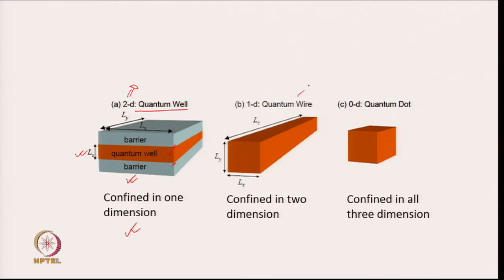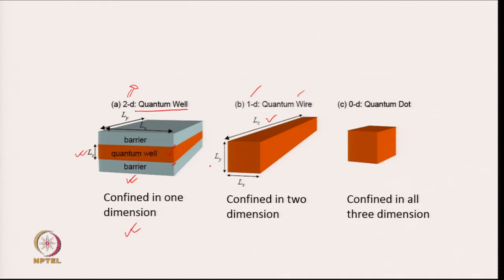What is a quantum wire? Now, you see this is called a 1D material. What does that mean? It is unconfined in one dimension. That dimension is z here. You can see Lz is quite big, whereas Ly and Lx are very small, of the order of the wavelength of an electron.